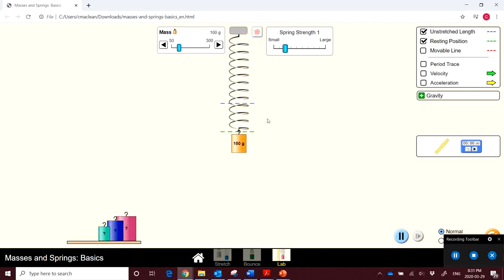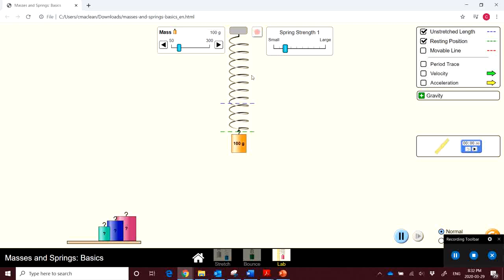Some things we can change about a spring. If we increase the mass, of course, the new resting position is going to go lower, because the mass pulls the spring more. Same if we decrease it, it goes less. So back to 100. The other thing we can change is the strength or thickness of a spring.